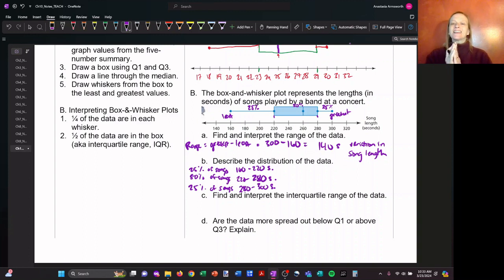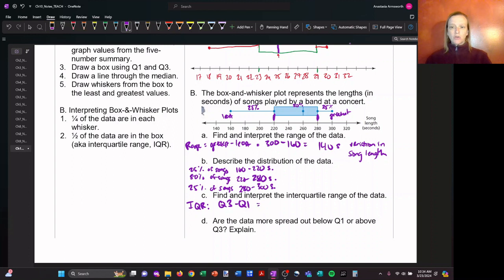The next question is asking us to find and interpret the interquartile range of the data. Remember, the range is when you subtract the extreme values, the very biggest minus the very smallest. The interquartile range is when you just do Q3 minus Q1. So this value here minus this value here, the edges of the box.